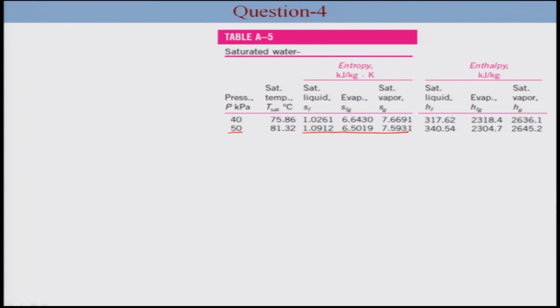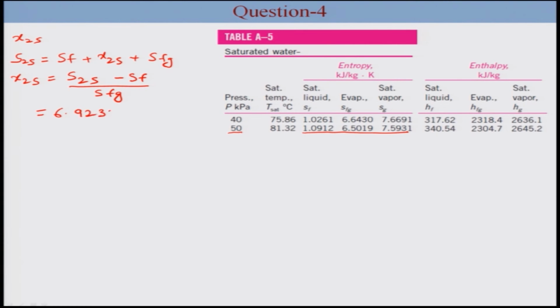So, for this we can calculate the value of x at 2S. S2S is equal to SF plus X2S times SFG. So, from here X2S is equal to S2S minus SF divided by SFG. These values are known: S2S minus 1.0912, divided by SFG, 6.5019, and this comes out to be 0.897.